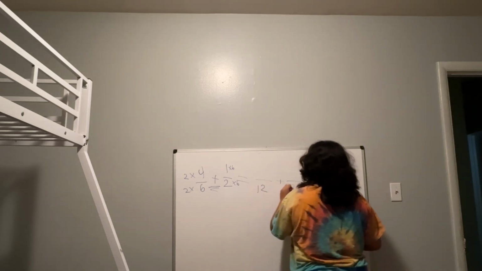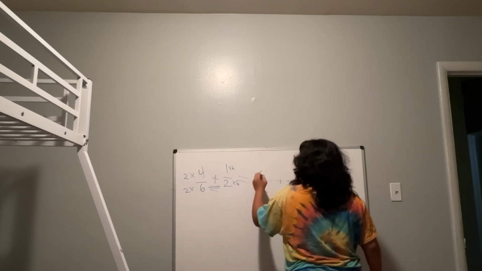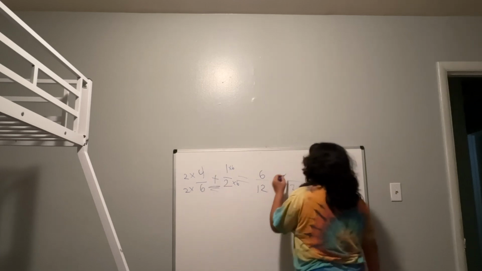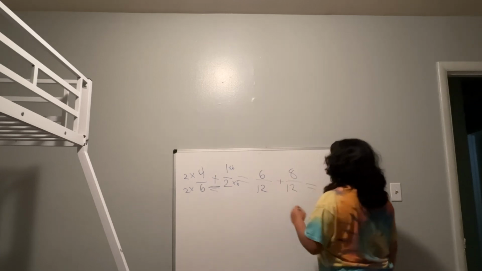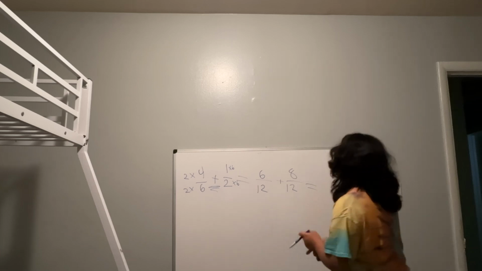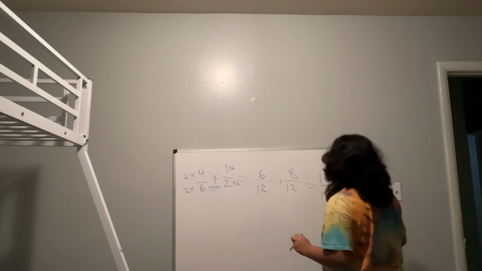Our denominator is 12. 6 times 1, 6. It doesn't matter which way you put it. 4 times 2, 8. What's 8 plus 6? 8, 9, 10, 11, 12, 13, 14. We got 14 over 12.